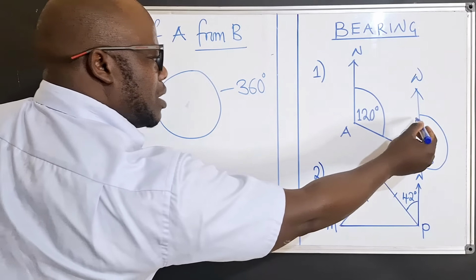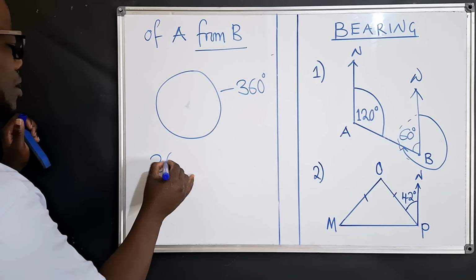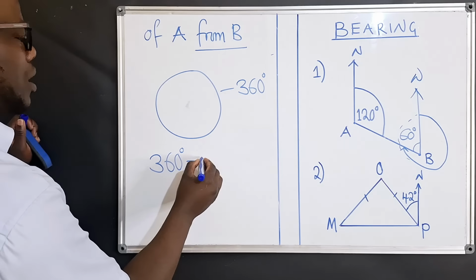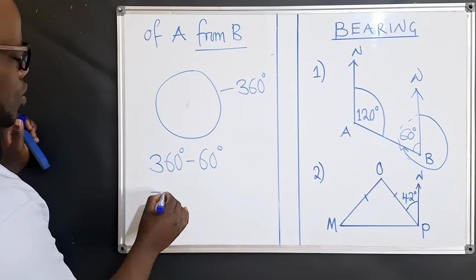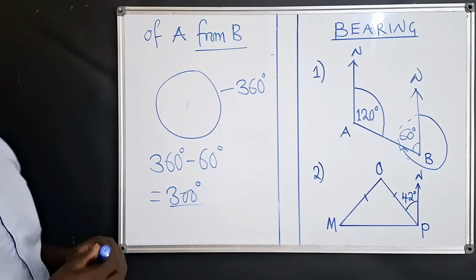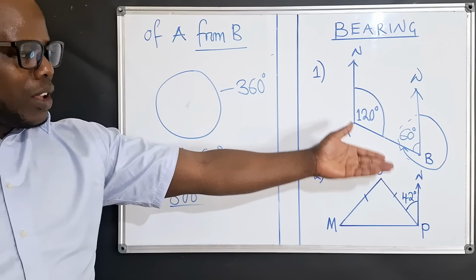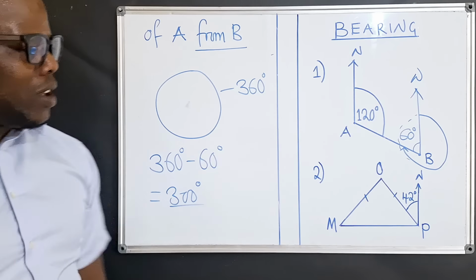So since this is a circle, all of it, I can just say 360 degrees minus 60, which will give us 300 degrees. Like that. Are you there? Yes. So that's how we get to find that bearing.